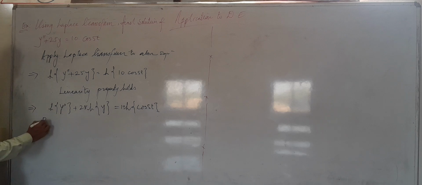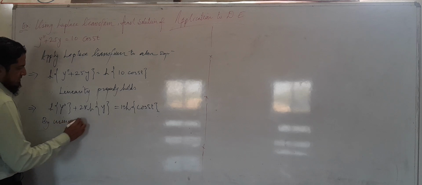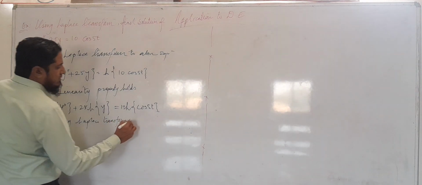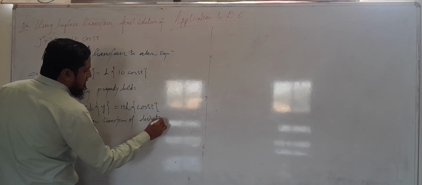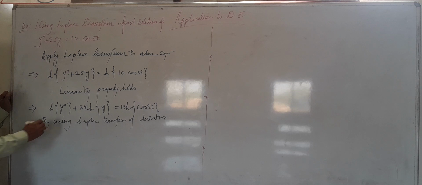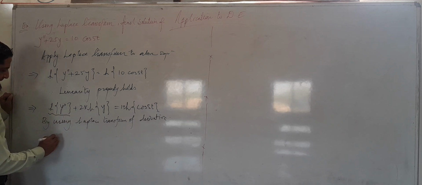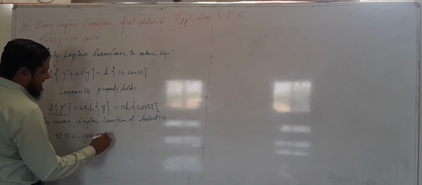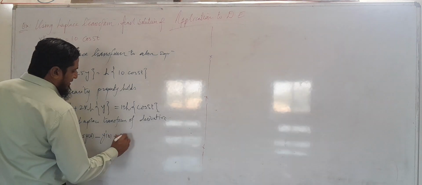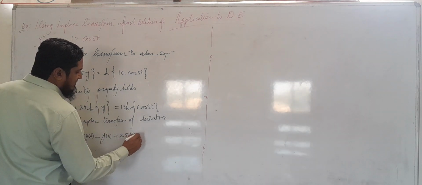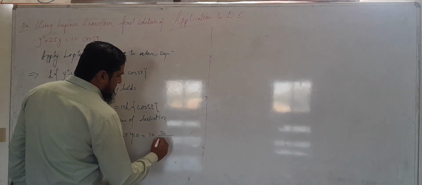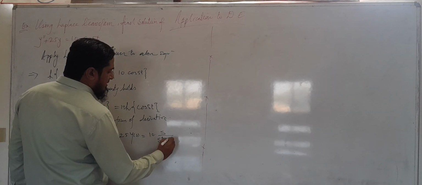And by using the Laplace transform of derivative, we can write this expression as s square Y of s minus s y of 0 minus y dash of 0 plus 25 Y of s, equals 10 as it is, and the Laplace transform of cos 5t is s upon s square plus 25.